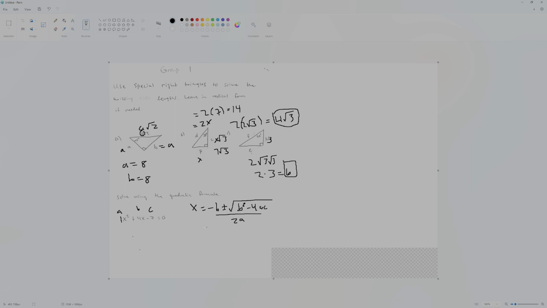So let's go ahead and plug stuff in. This is going to be negative 4 plus or minus the square root of 4 squared minus 4 times a, which is 1, times c, which is negative 7, all over 2a, so 2 times 1.